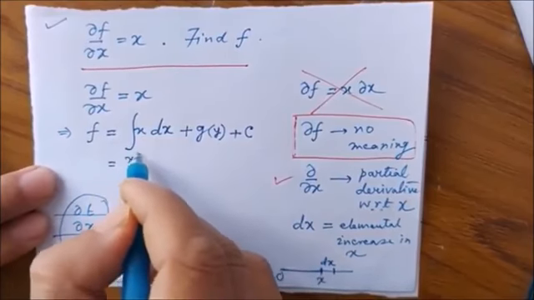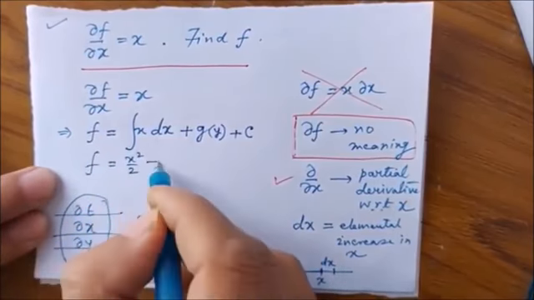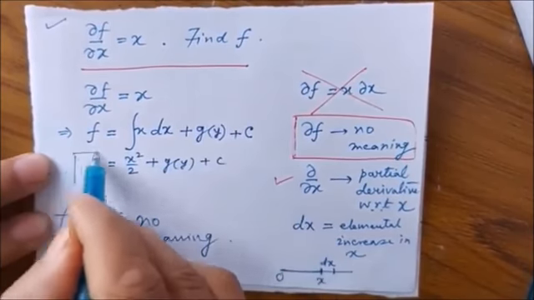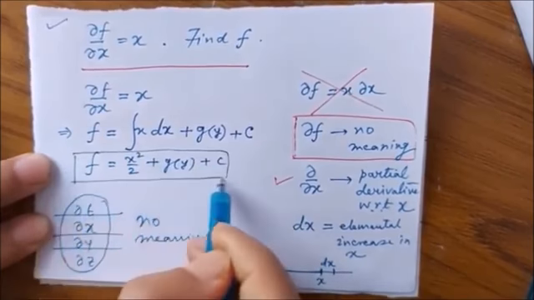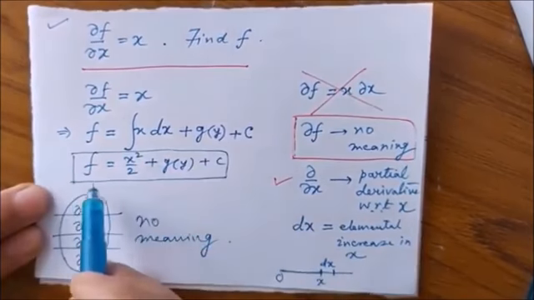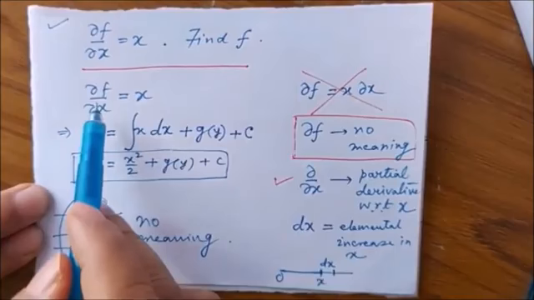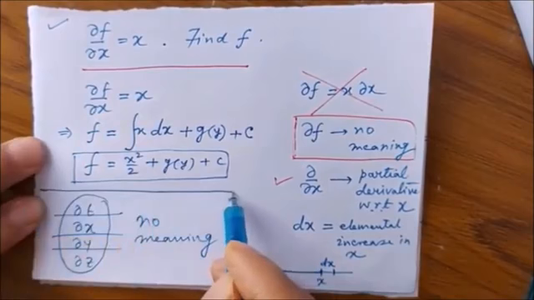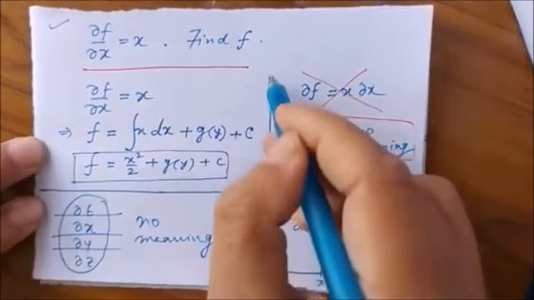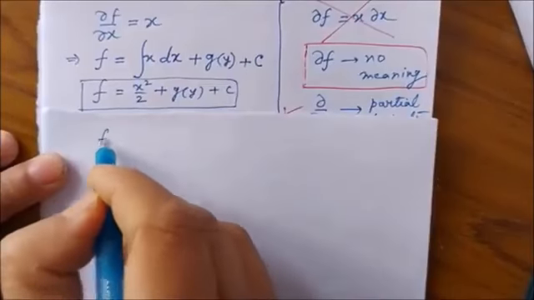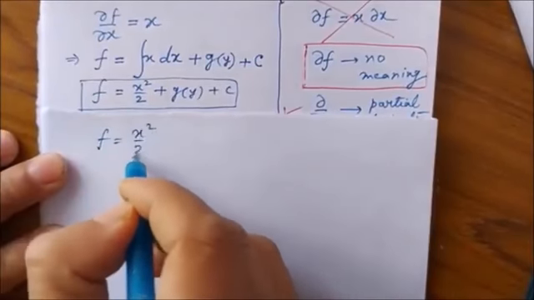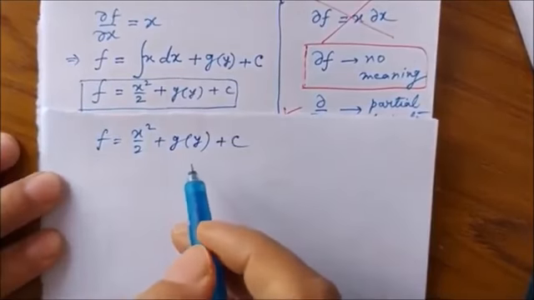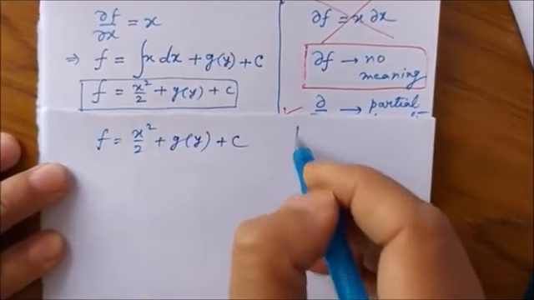So this is equal to, so this is the answer, and let us check whether we get back del f del x equal to x starting from this expression. Let us start with this expression. Here we have assumed that the variables involved are x and y.